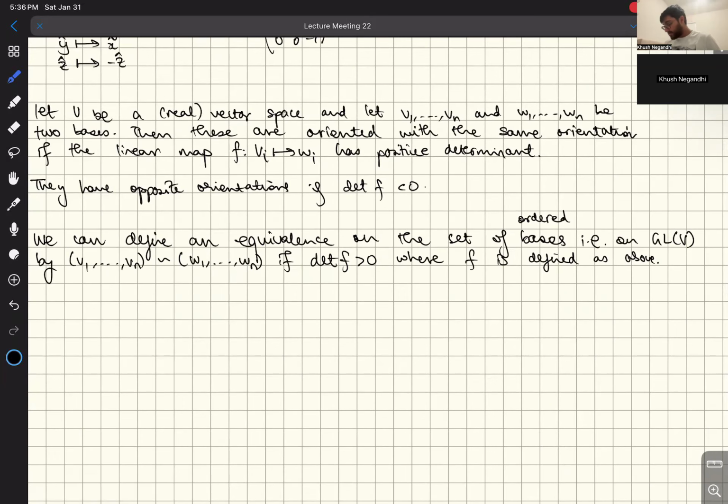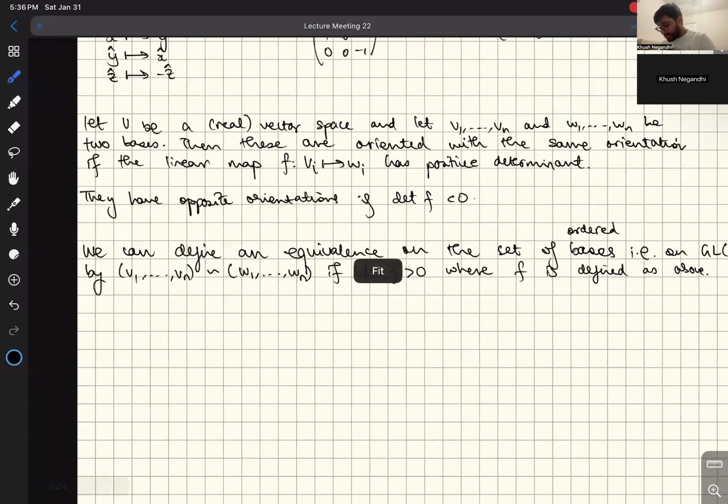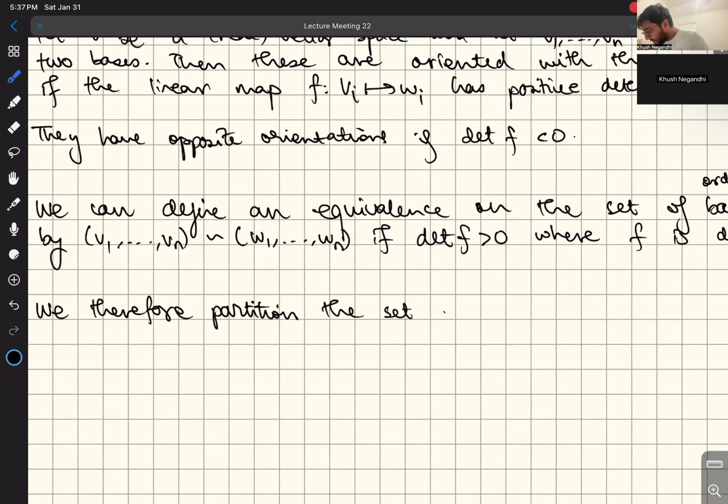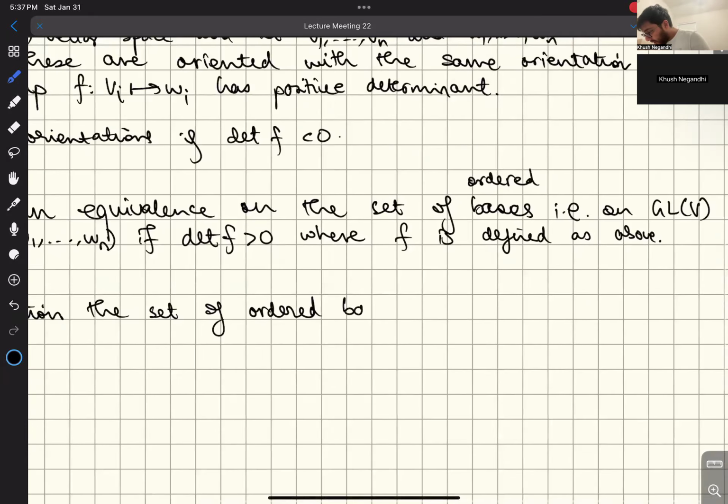Okay, so with this in mind, this partitions the set of bases into two pieces, right?